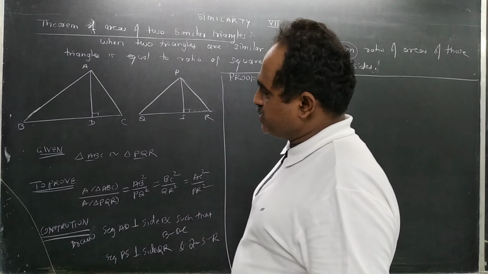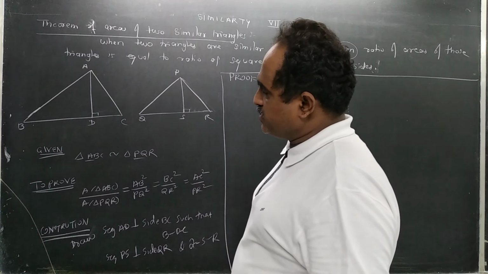As given, we can take the corresponding sides. Therefore, AB upon PQ is equal to BC upon QR is equal to AC upon PR. I write equation 1, and the reason is CSST.